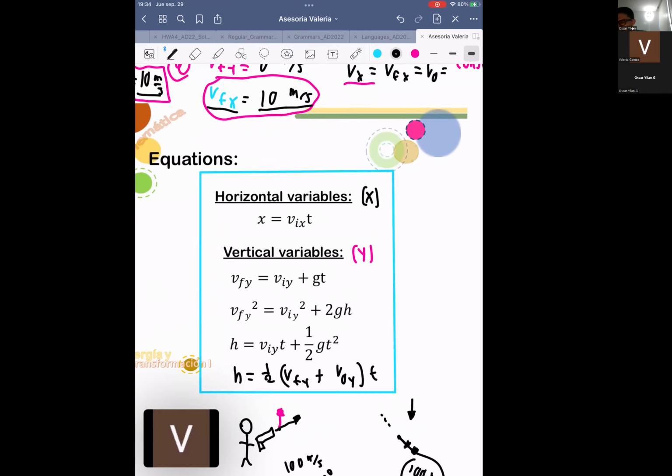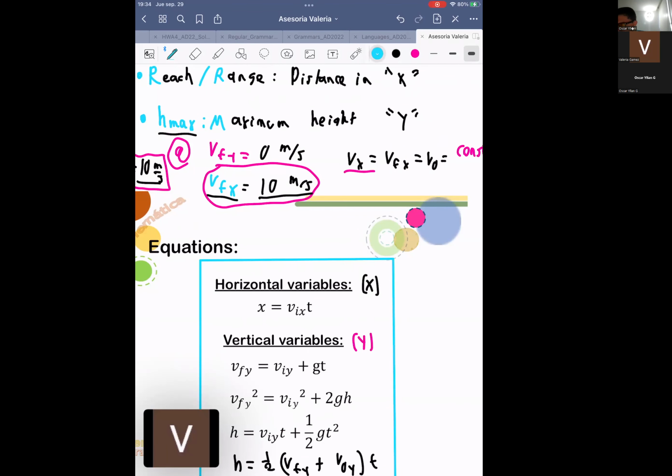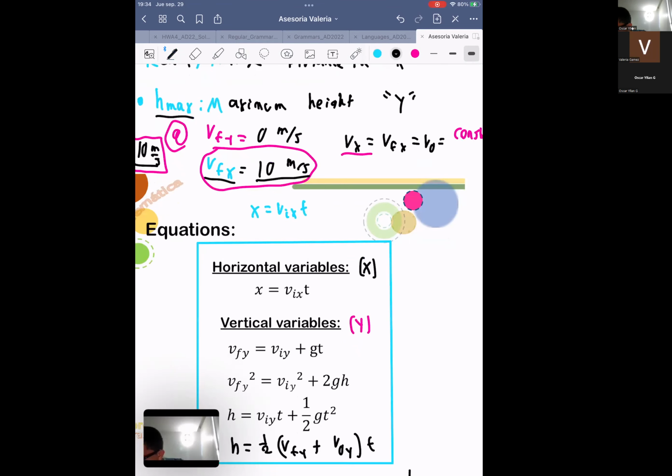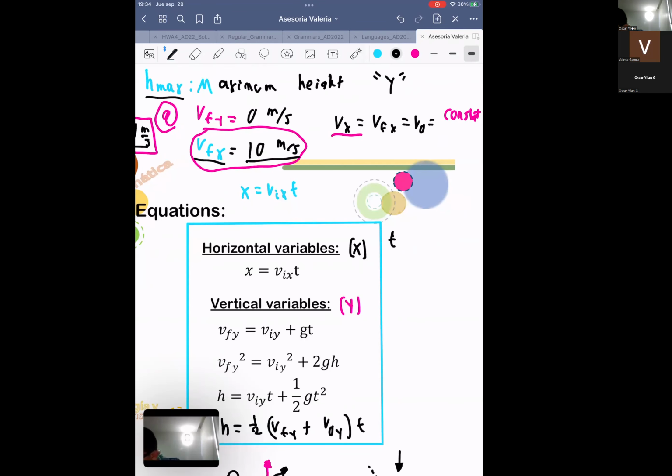Okay, this formula, the X one, has time. This time is also called time of flight. Basically, it is the time that an object is in the air.